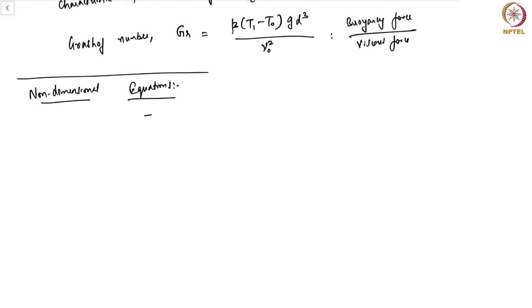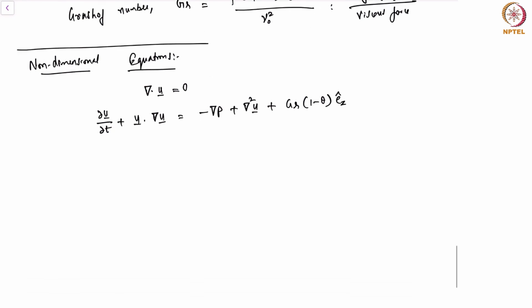The non-dimensional equations would be del dot u is 0, del u by del t plus u dot grad u will be minus grad p plus del square u plus Grashof times 1 minus theta times Ez, and the temperature equation becomes del theta by del t plus u dot grad theta is 1 by Prandtl number times del square of theta.